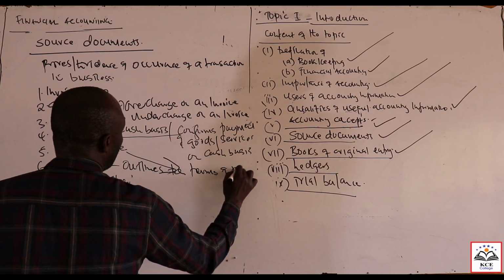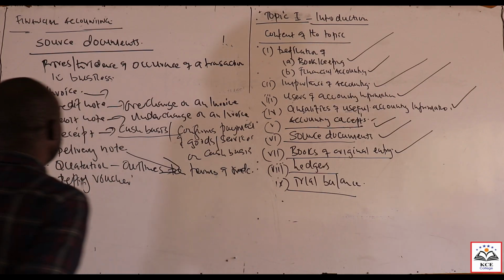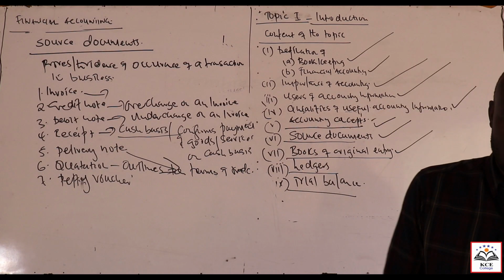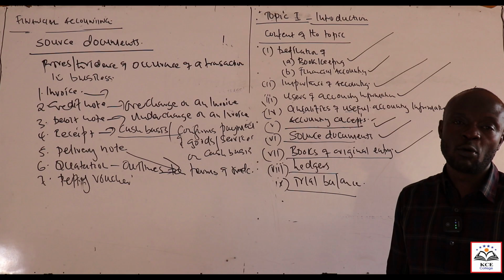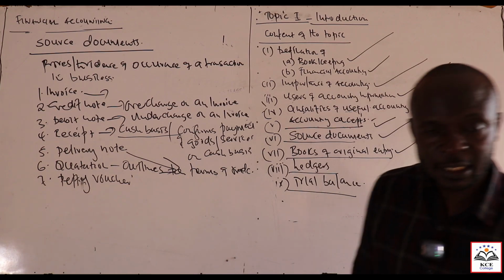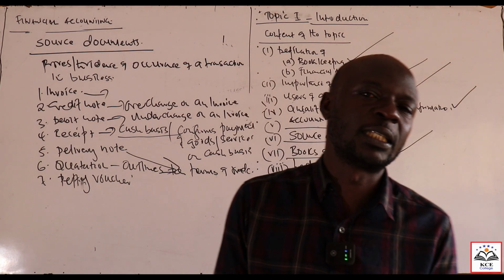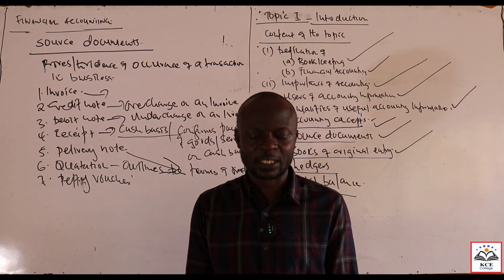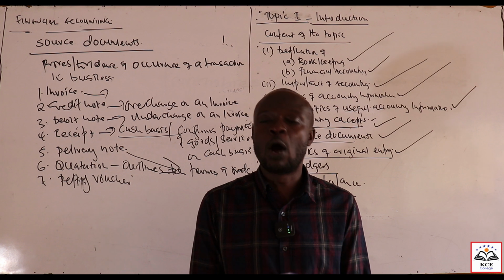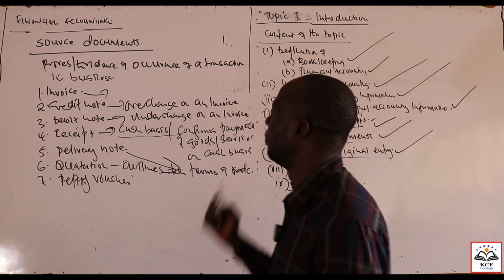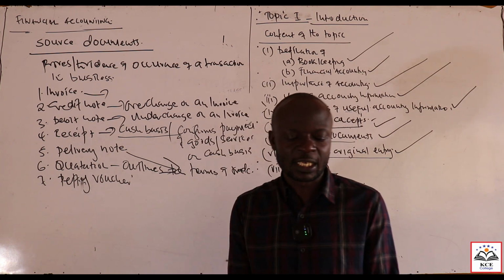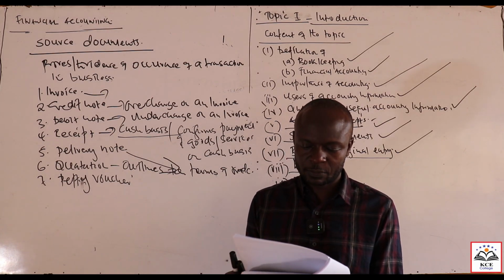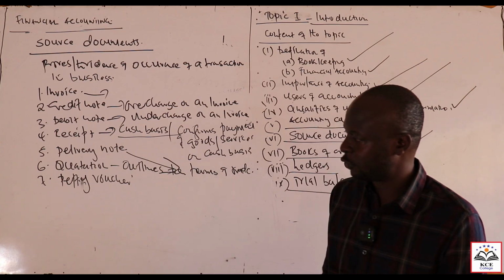The terms of trade, whether the goods will be sold on cash sales or credit sales, and if they allow credit sales, how long do you take to clear your accounts? If they allow cash sales, do they offer discounts? How many days do they take before they deliver goods? So such a document is what we call a quotation. It outlines the terms of trade.